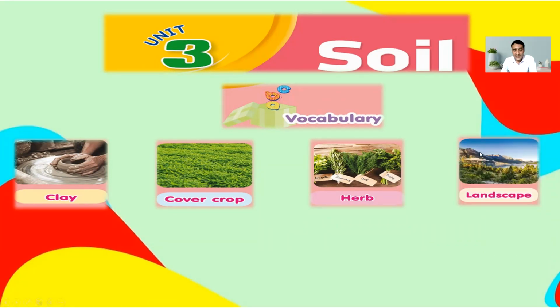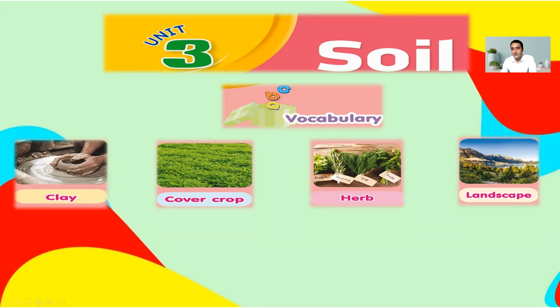Landscape. You can see the picture here. Landscape is everything you see when you look across an area of land, including hills, rivers, trees, etc. Those we call landscape.